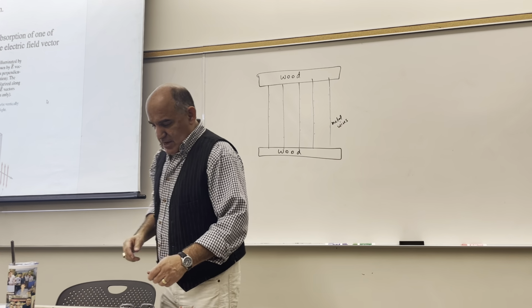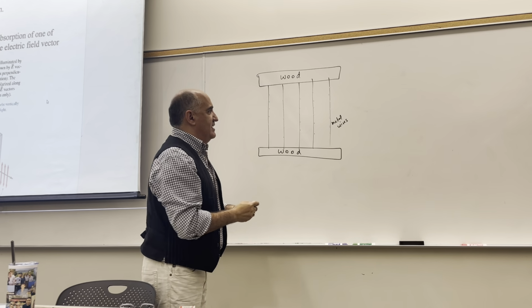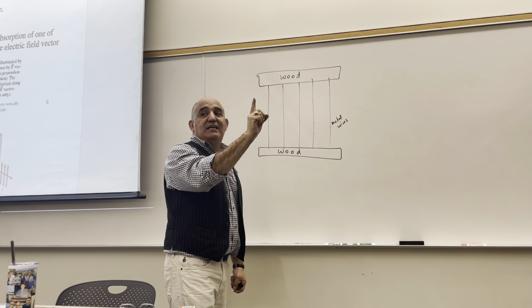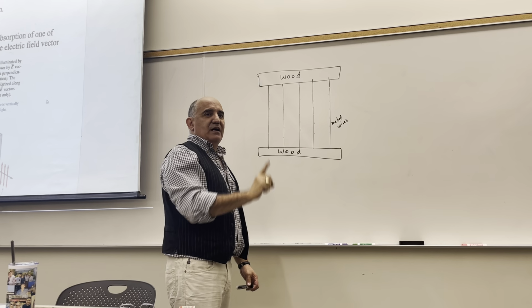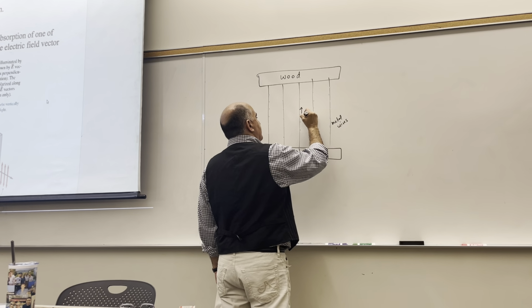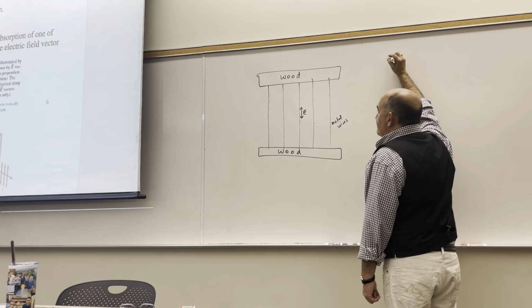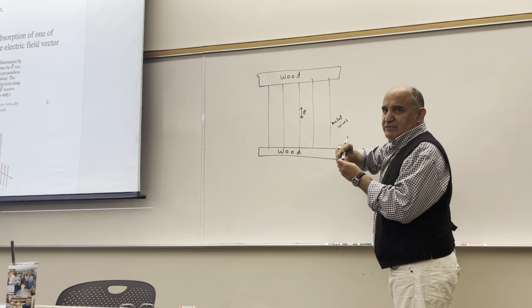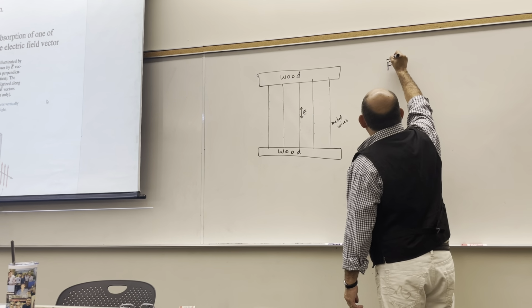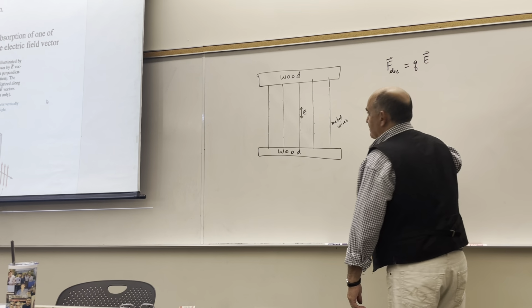So if you send in an electromagnetic wave that is vertically polarized, with the electric field oscillating up and down, what will happen? For those of you who have taken Physics 280, the electrical force on a charge by an electric field is given by this.